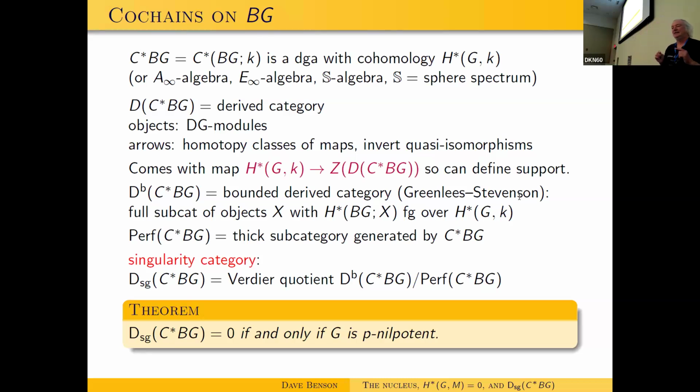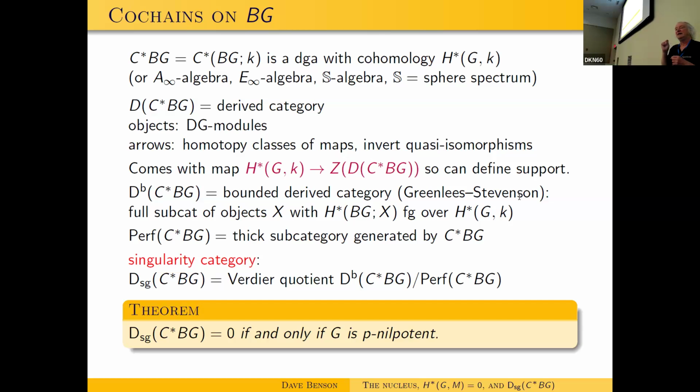Anyway, we want to talk about its derived category. The objects here are differential graded modules over that differential graded algebra, or A infinity modules over the A infinity algebra, and so on. And the arrows, you take homotopy classes of maps between those differential graded modules. So that is a triangulated category, but you then want to invert the quasi-isomorphisms, the maps which induce an isomorphism in homology.